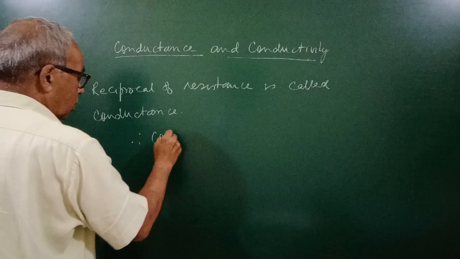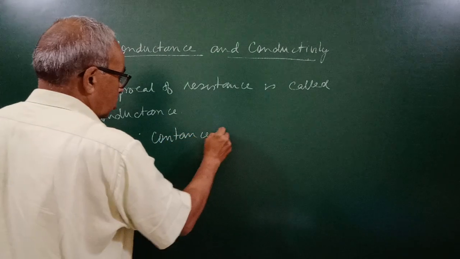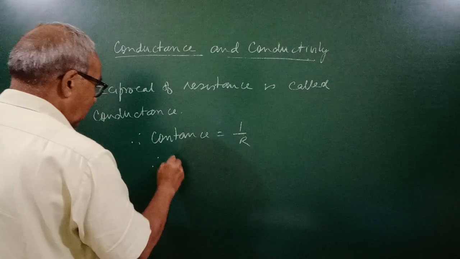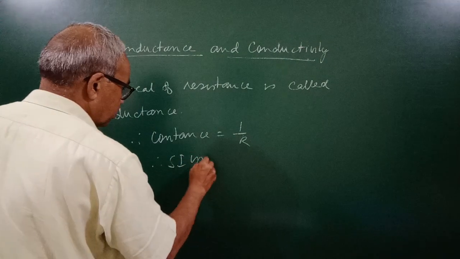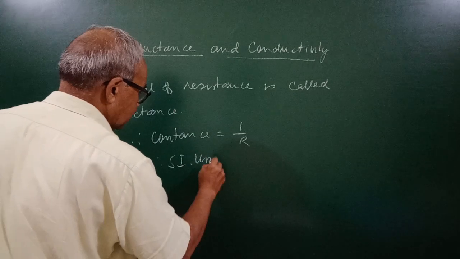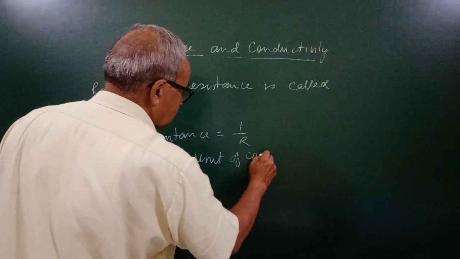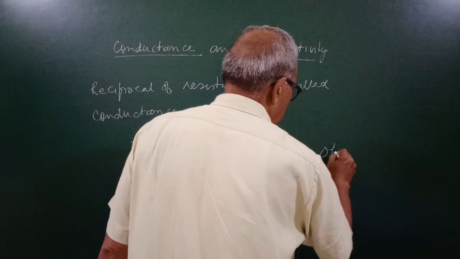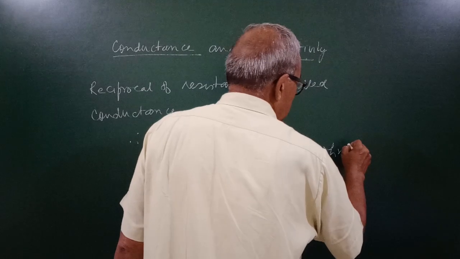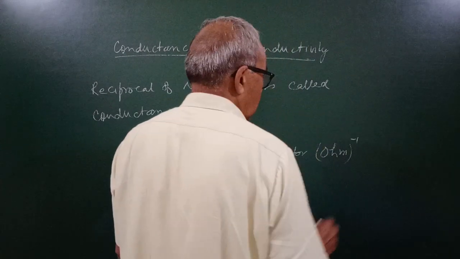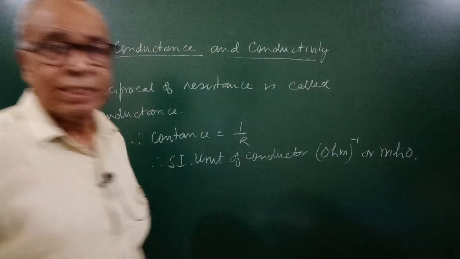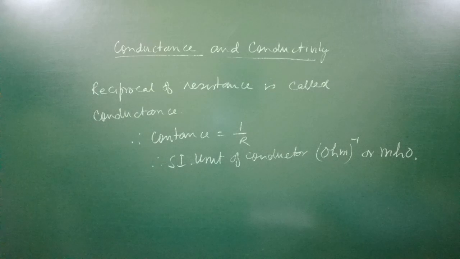Therefore, conductance equals 1 upon R, and hence the SI unit of conductance is ohm inverse, or some people call it mho.